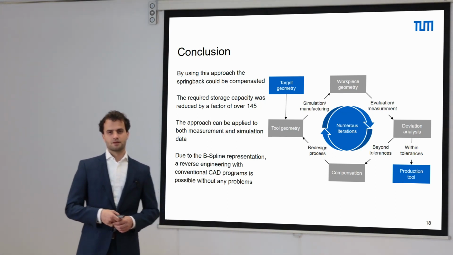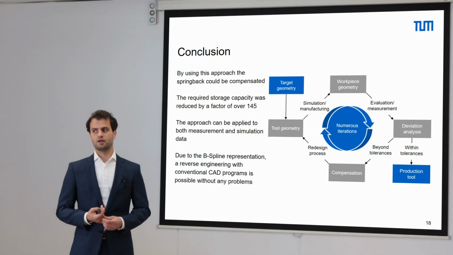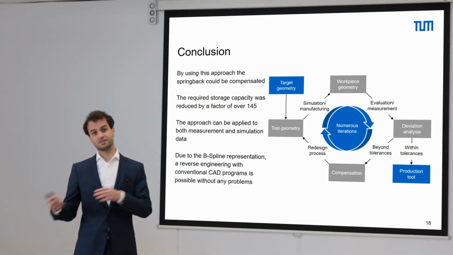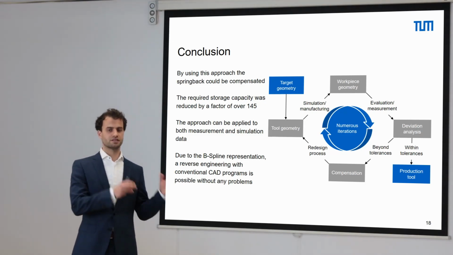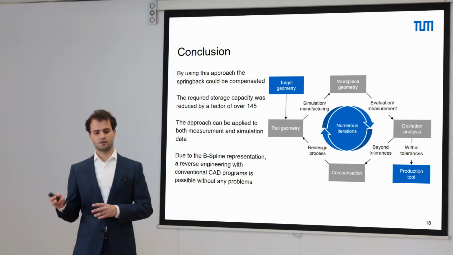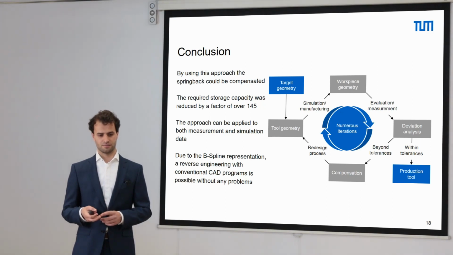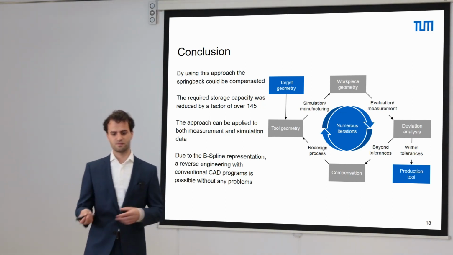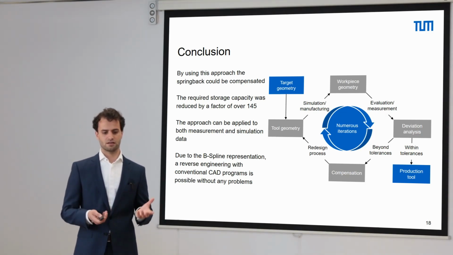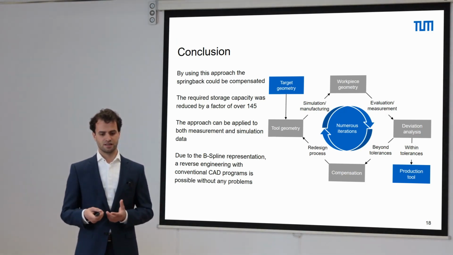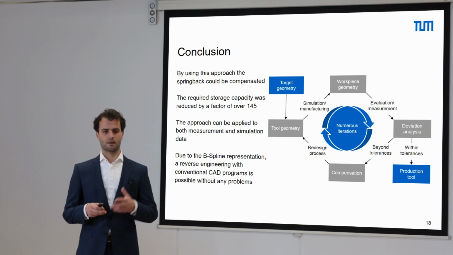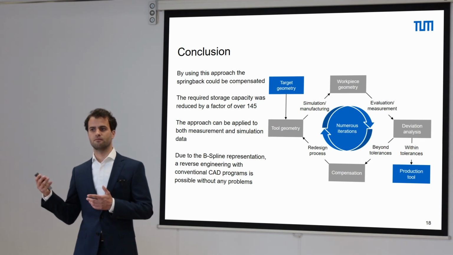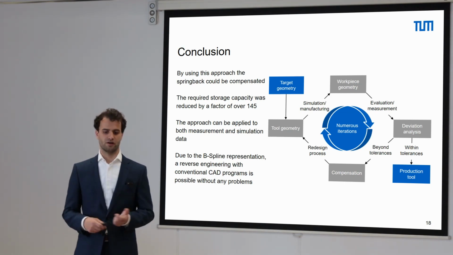And because our input is an STL file, we are able to use this control point compensation method for both simulation and measurement data. And as already mentioned, because the B-Spline representation is already in the CAD language, it's very easy to reuse this data for designing a reworking strategy of our tools.